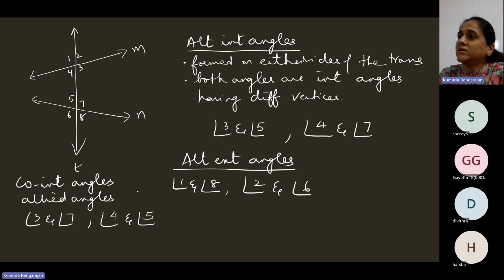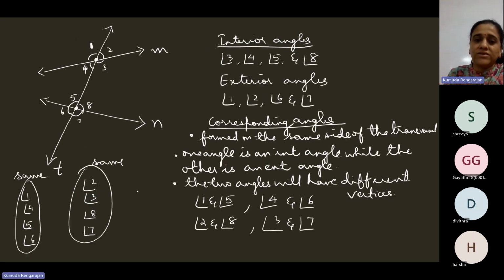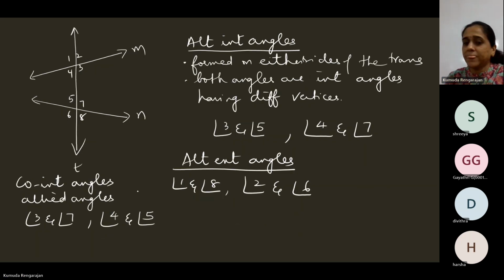These 8 angles are divided into interior angles and exterior angles. And then we have specializations called corresponding angles, alternate interior angles, alternate exterior angles, and co-interior angles.